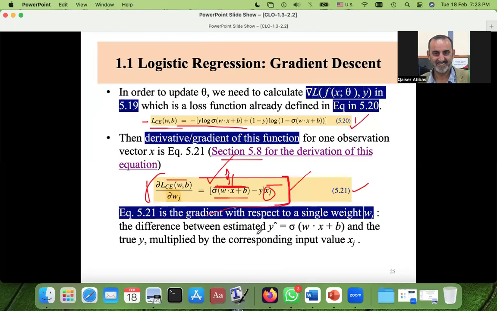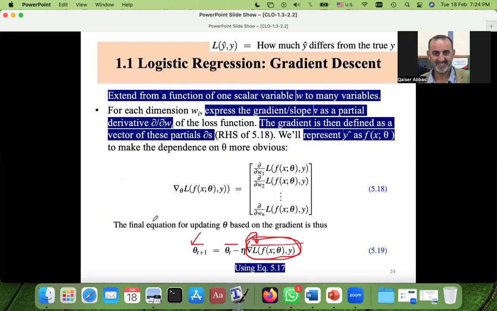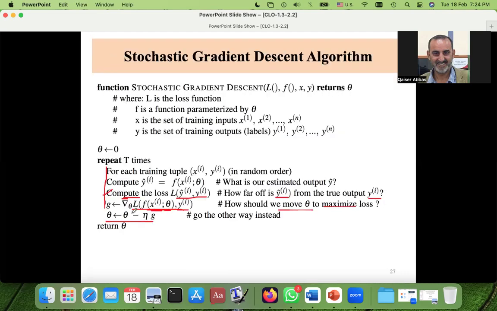Then we calculate the gradient for all the vectors, which is the fourth step. Whatever value we get, we store in G, and then we use that equation. In general form, theta is equal to theta minus eta multiplied by that G. Now it will learn the values and update the values here.